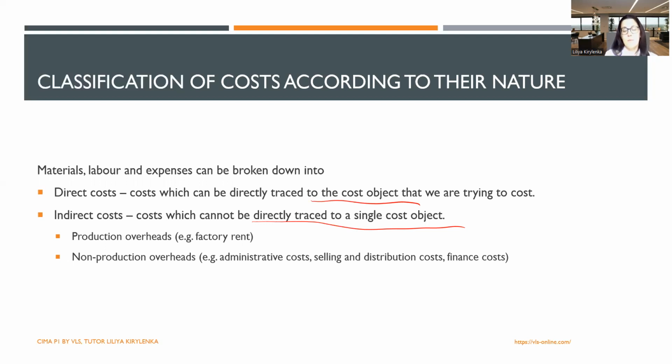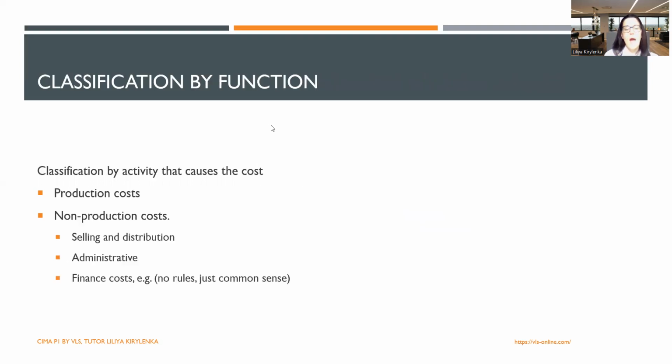For example, production overheads, such as factory rent, such as electricity, these are indirect costs. Non-production overheads, such as administrative costs, such as distribution, selling, finance, marketing, whatever you call them, these are non-production overheads. Overhead means that the cost is indirect.